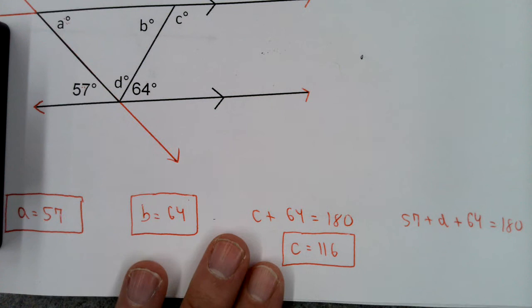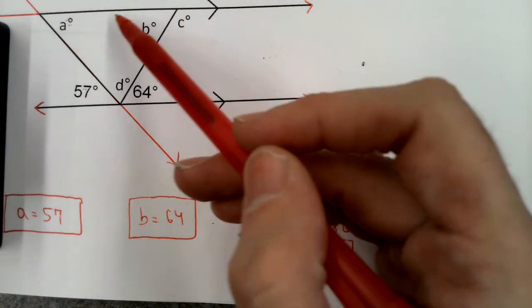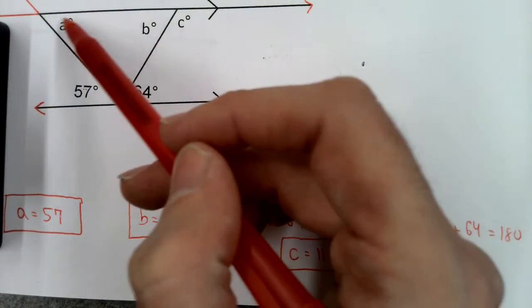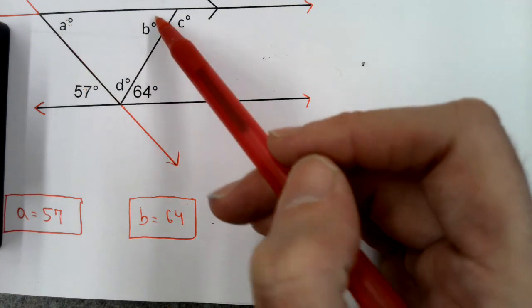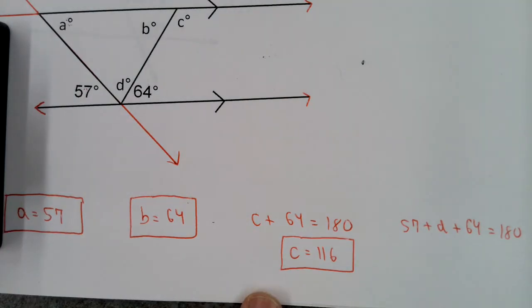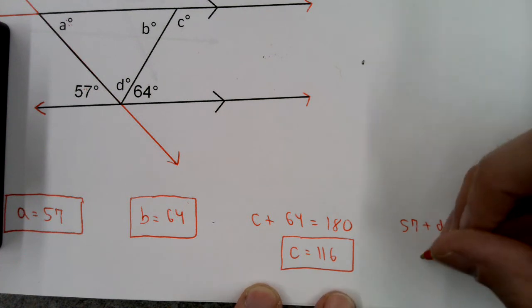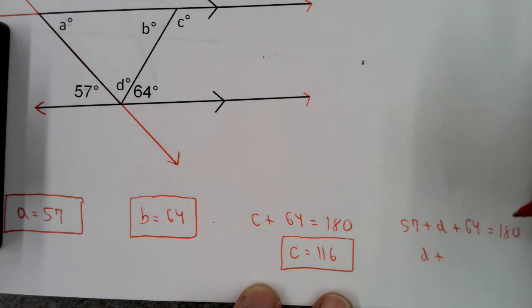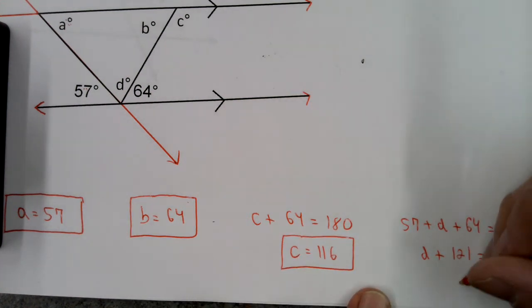Or, if you want to think back to stuff we haven't done yet in this class, this is a triangle right here, and all the angles in the triangle should add to equal 180. But anyway, combine like terms, 57 plus 64 is 121. So D plus 121 equals 180, which means D equals 59.